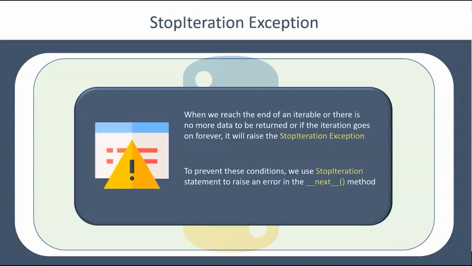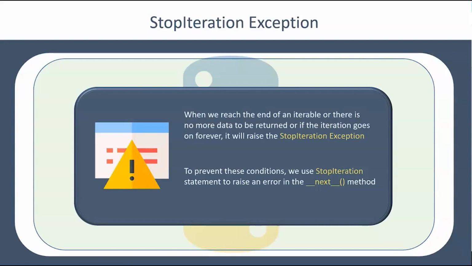Now, the StopIteration exception. As I mentioned, when we reach the end of an iterable, like suppose you have a list or a set which has a length of 4, when you have ended the fourth element and you're trying to access something beyond the fourth element, which is the fifth, then Python will throw a StopIteration exception. We will see that with an example.